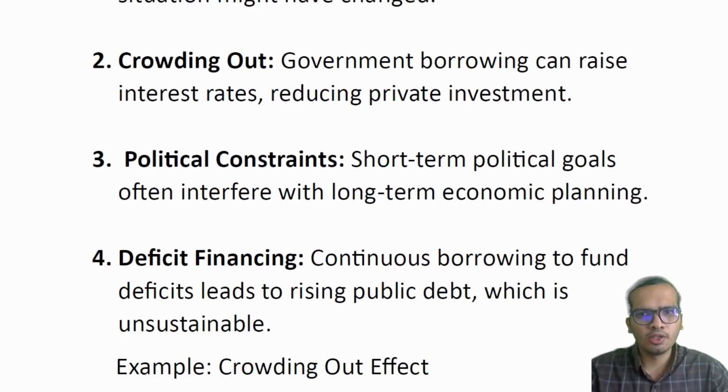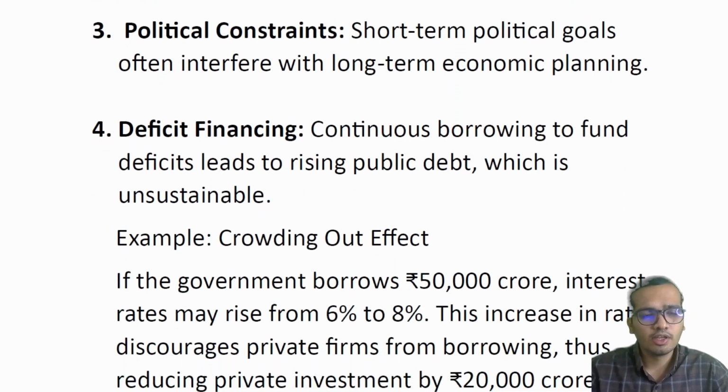So government borrowing can raise interest rates, reducing private investment. Third, political constraints. So short-term political goals often interfere with the long-term economic plan. And fourth, deficit financing. So continuous borrowing to fund a deficit leads to a rise in public debt, which is unsustainable.